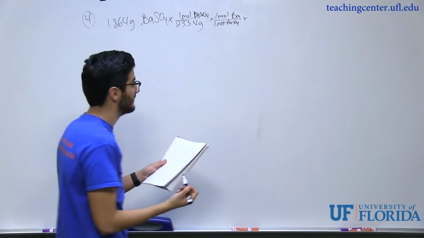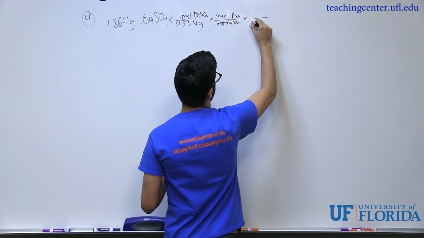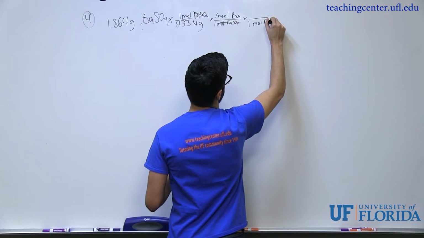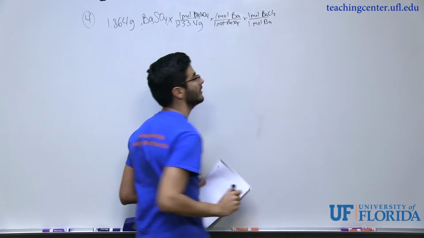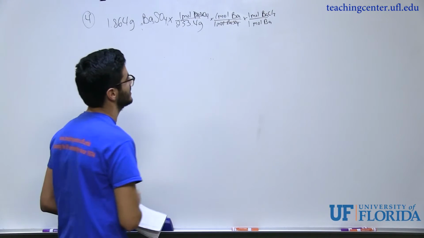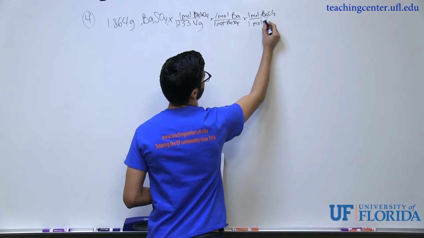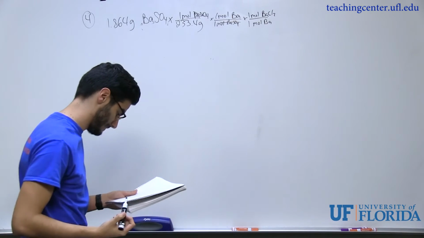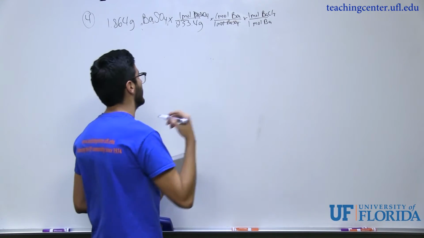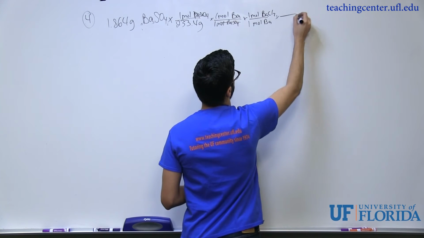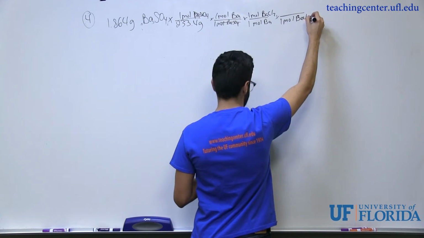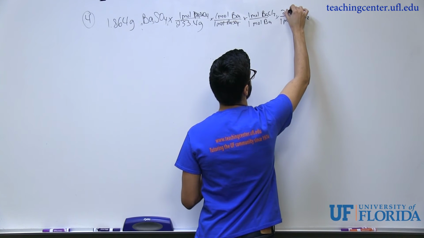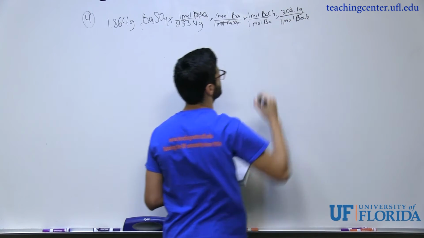For every 1 mole of barium, I have 1 mole of barium chloride. And for every 1 mole of barium chloride, I have 208.1 grams.